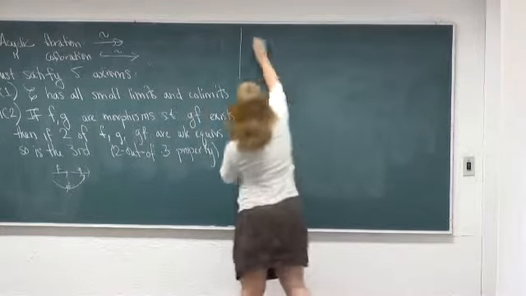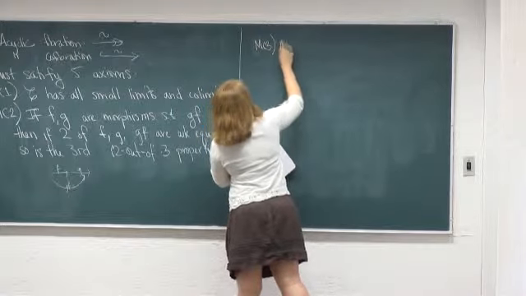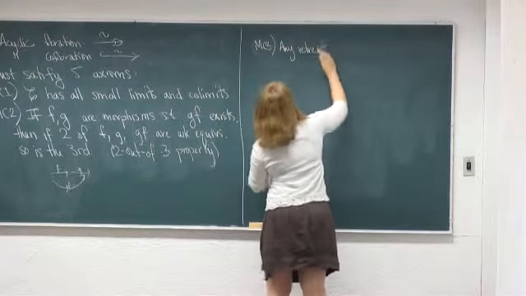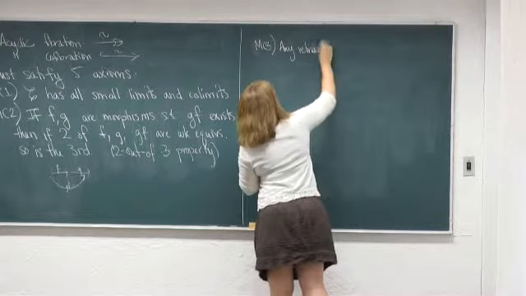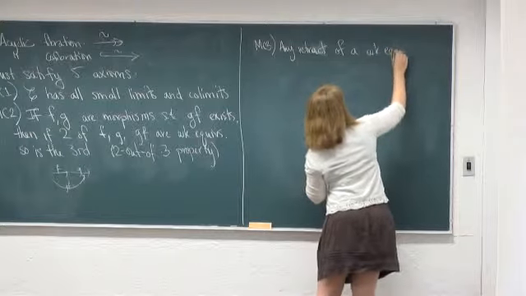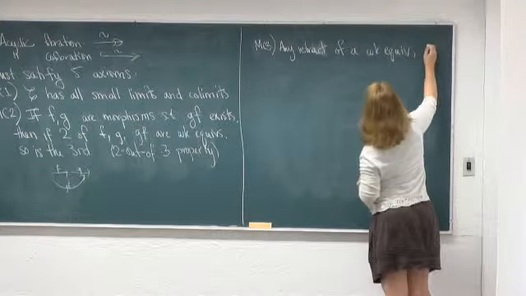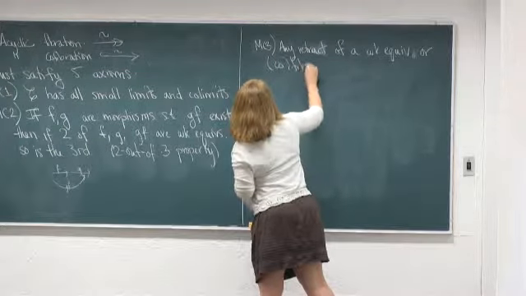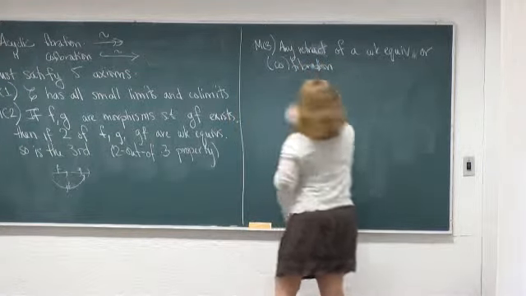Okay, so the third axiom is that any retract of a weak equivalence, fibration, or cofibration is again the same kind of map.